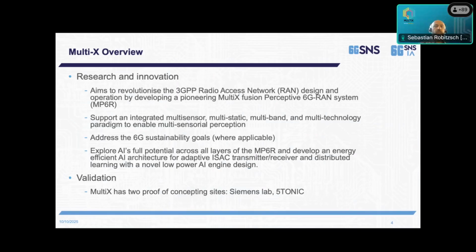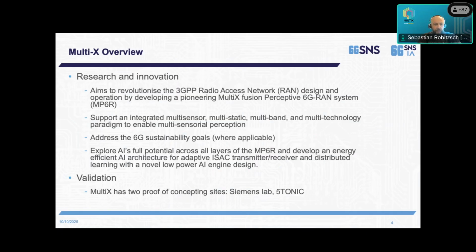So multi-X at its heart, the term multi-X is the meaning of the project, meaning the aim is really to revolutionize the 3GPP radio access network in its design as well as operations. The idea is to allow the ability to fuse, at least on the perception level, the ability to perform sensing.